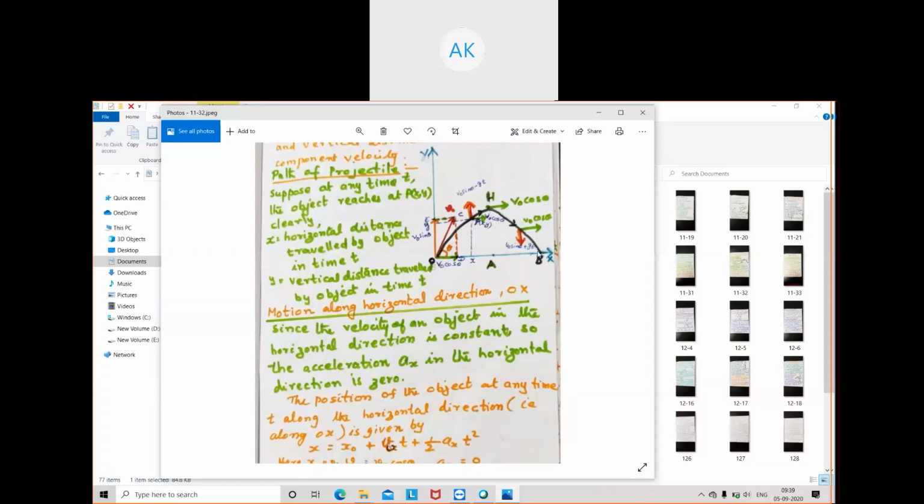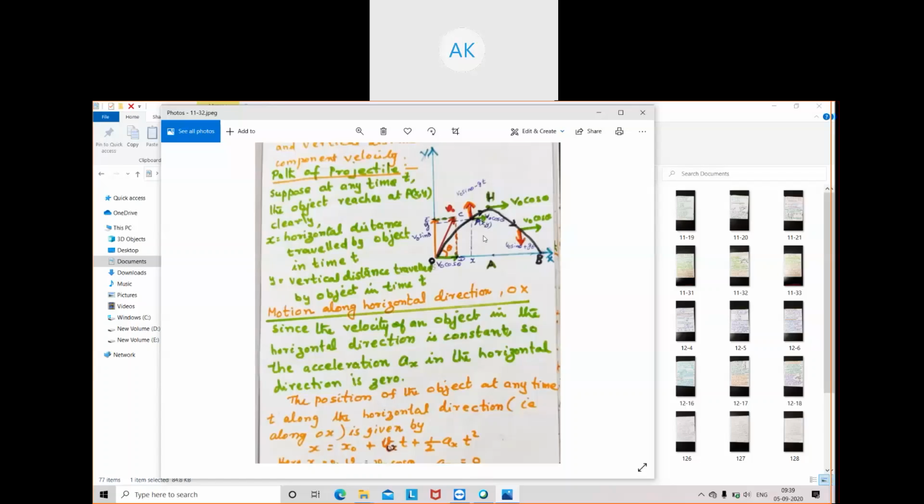When it goes from O to B, how much time does it remain in the air? That is time of flight, and in that, two times are there. What is time of ascent? How much time does it take to reach the highest point? And how much time does it take to reach the lowest point? Time of ascent is O to H, and time of descent is H to B.